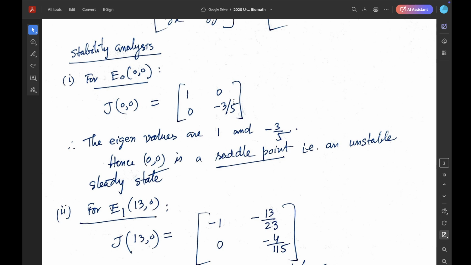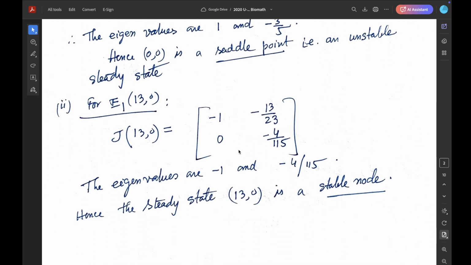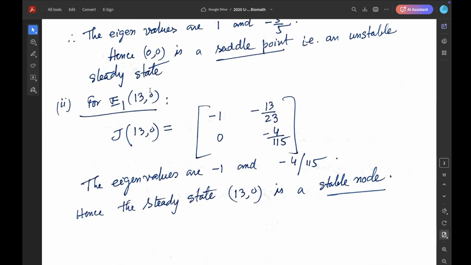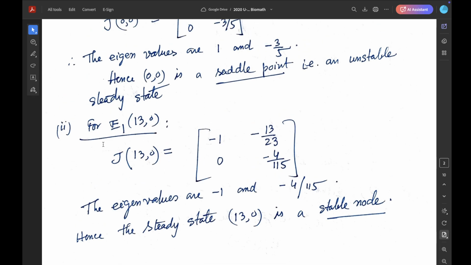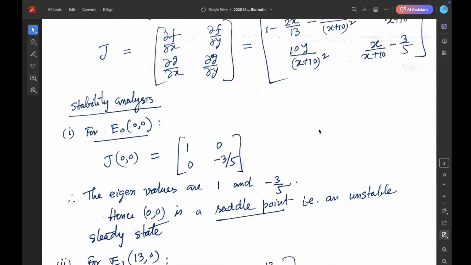Here 1 is positive and minus 3 by 5 is negative, so (0, 0) is a saddle point, that is an unstable steady state. Next, for E1, steady state (13, 0), we put x equal to 13 and y equal to 0 in this matrix J.